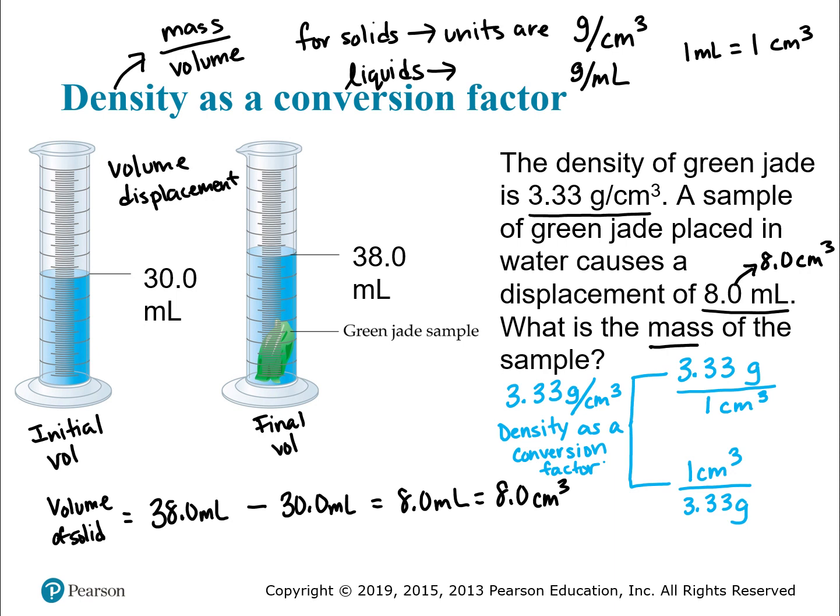So you said you don't understand. Is it the conversion factor, rewriting the density, that you don't understand? Okay. Whenever you see something that's got units, something over something, that's a fraction.